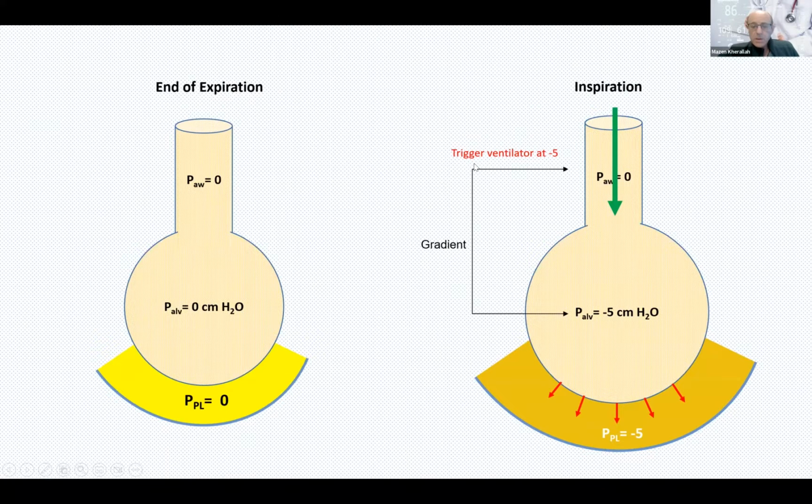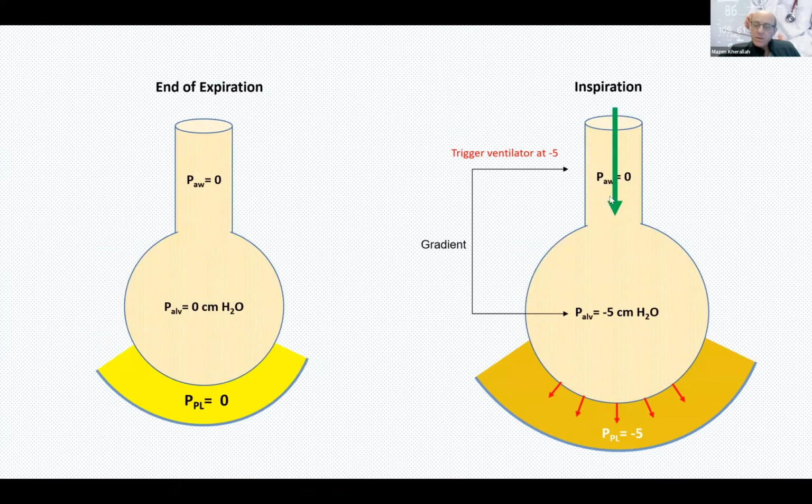Now, if you turn on the ventilator and you set a trigger at, let's say, -5 centimeters of water, then the patient needs to drop the alveolar pressure to -5.